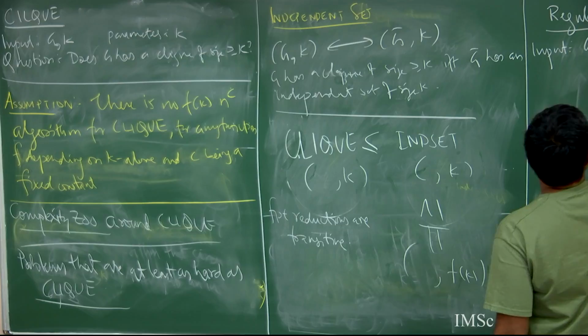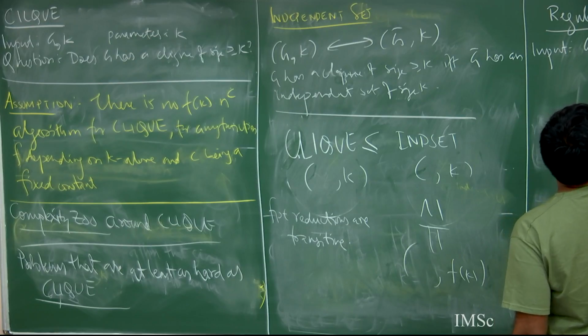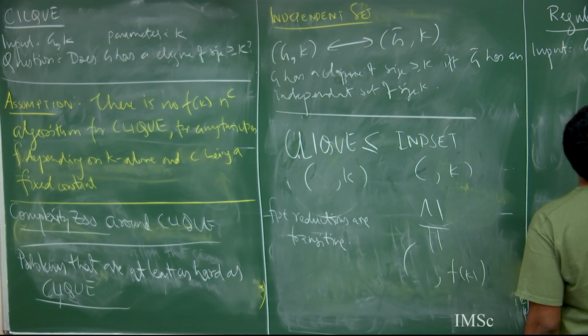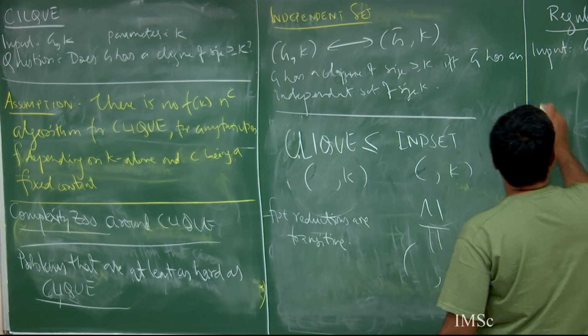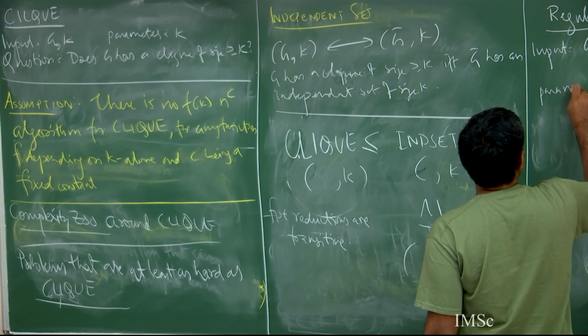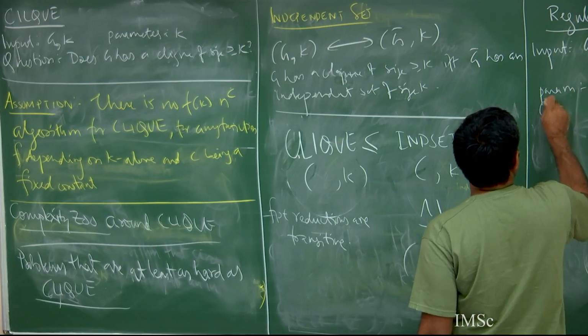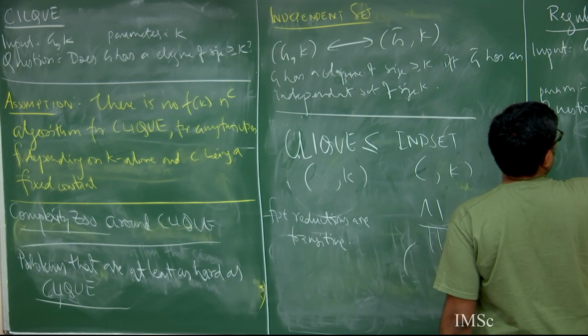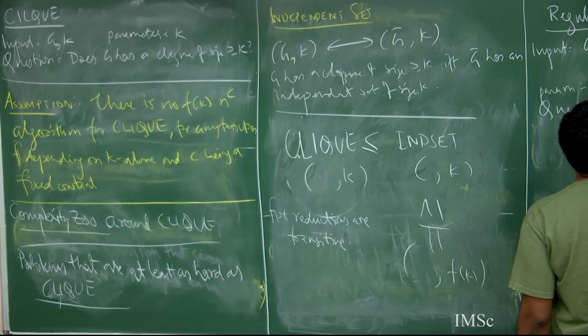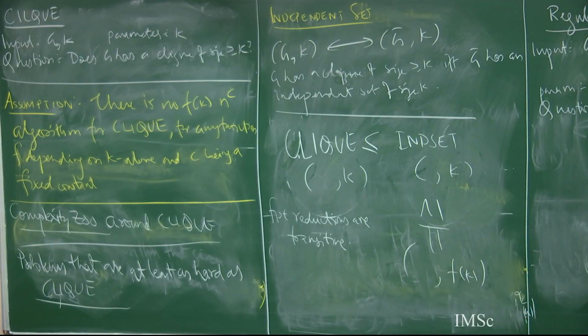In other words, G is a regular graph. The parameter is still K, and the question is the same: does G have a clique of size at least K?